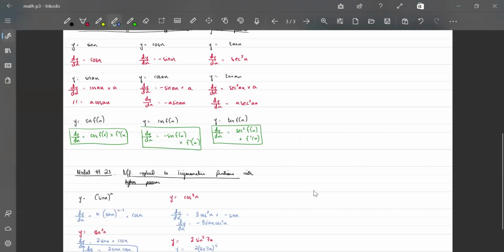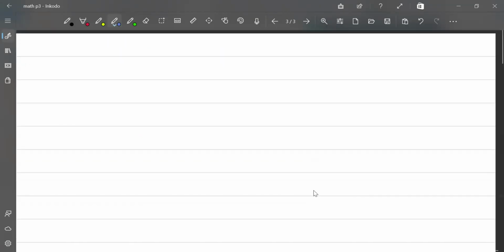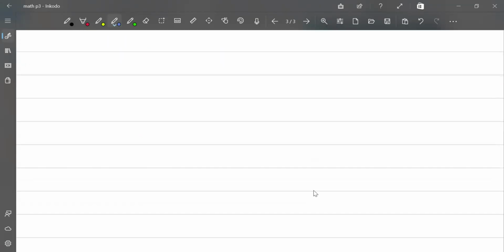Now what's left in differentiation is we are left with only 6 more models. All right.